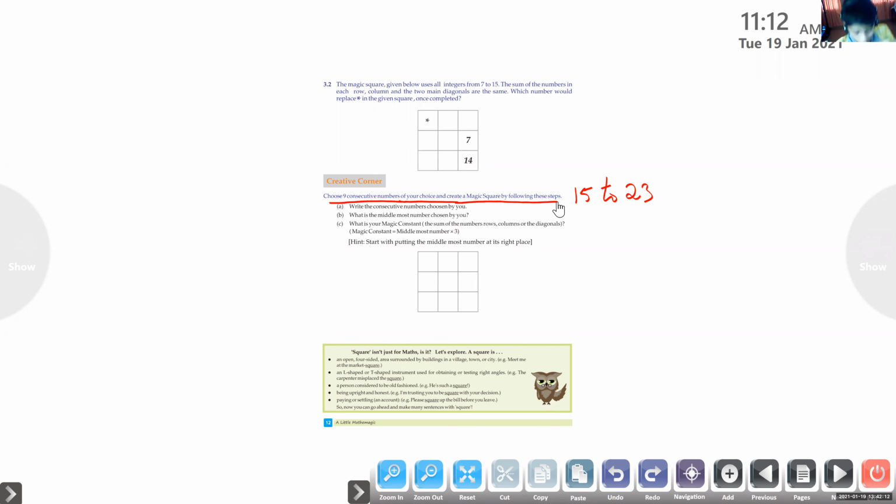Ma'am, what is the middlemost number? Huh? No middle number here. Don't go for this one. Do with what I have told you.